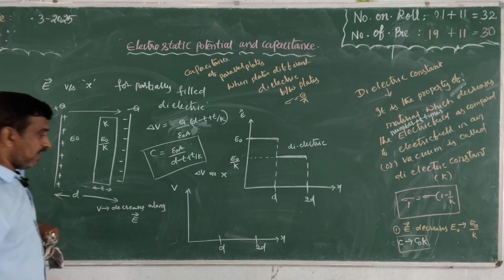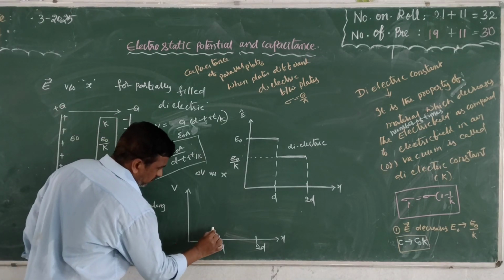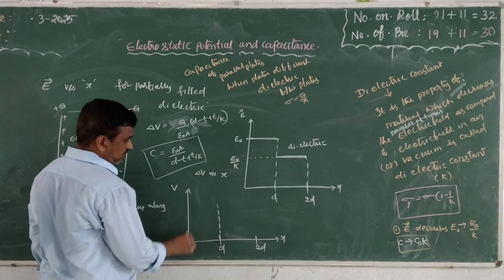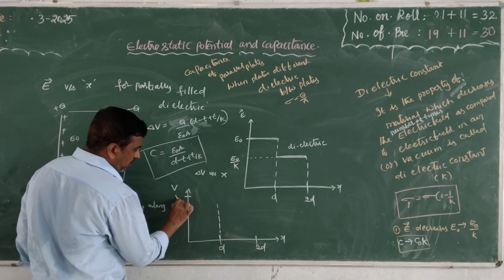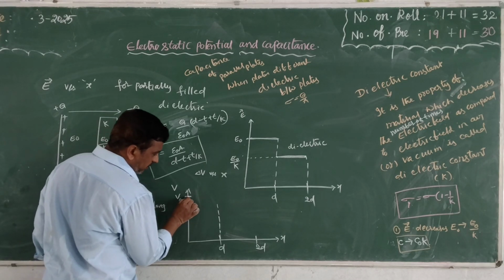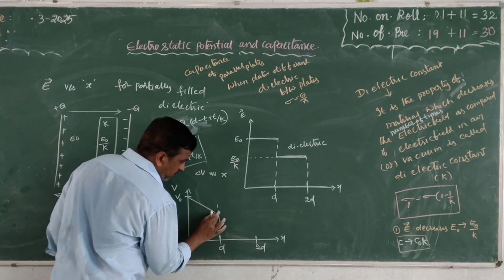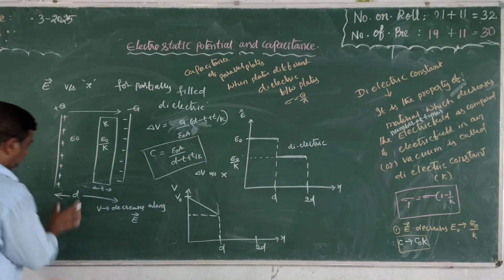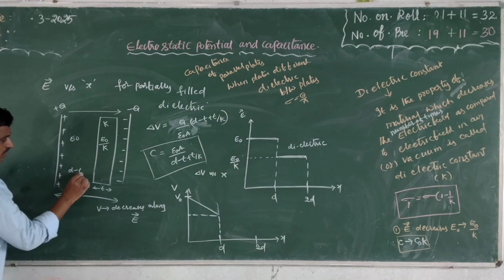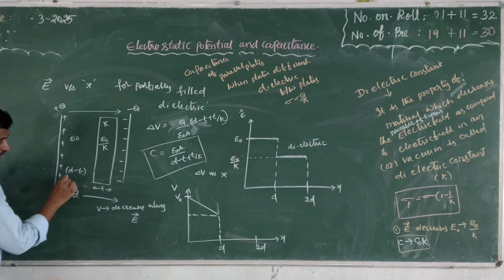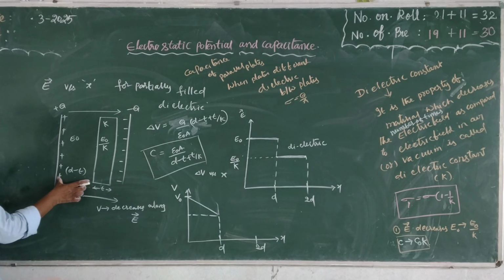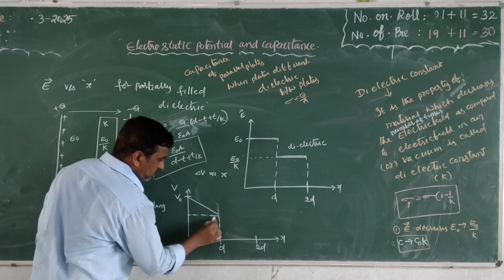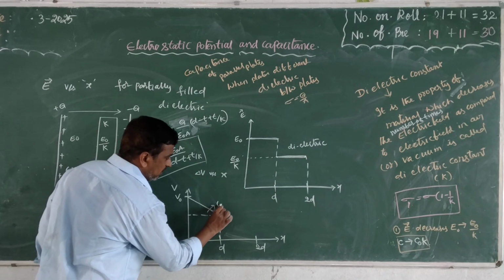Up to D distance, here the maximum is V naught. From here to here it decreases. Up to D minus T distance, from here to here, the change in potential is shown by the theta 1 angle.